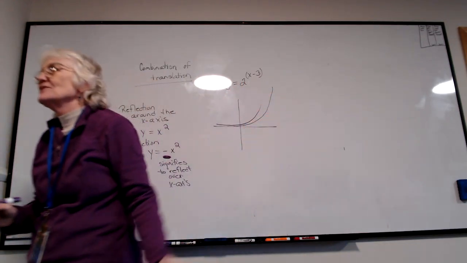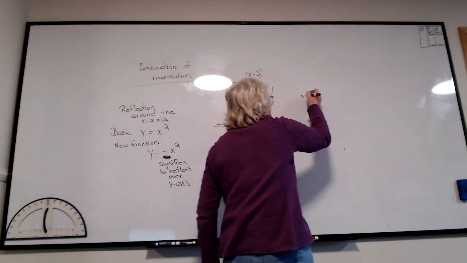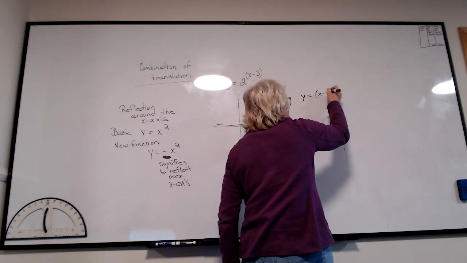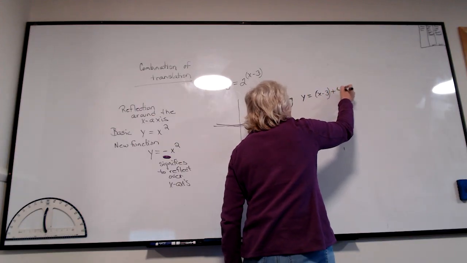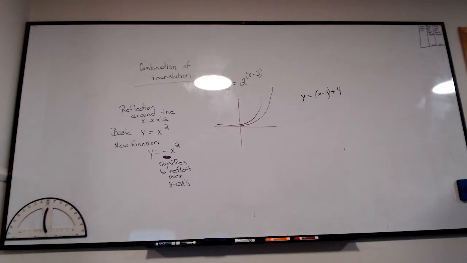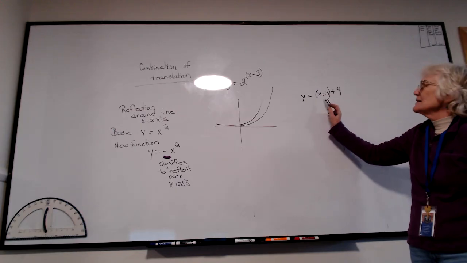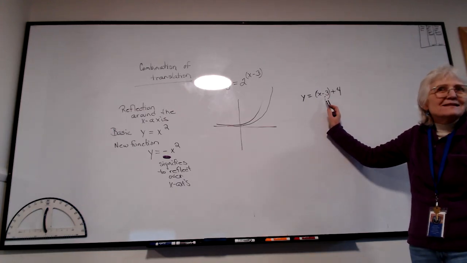Now linear functions are a lot harder because we'd have to go y equals x minus 3 plus 4, which we don't usually write it like that, do we? Okay. We don't normally write it like that. This tells me move it up 4. This tells me move it over 3.